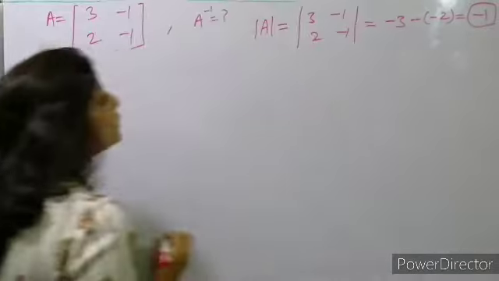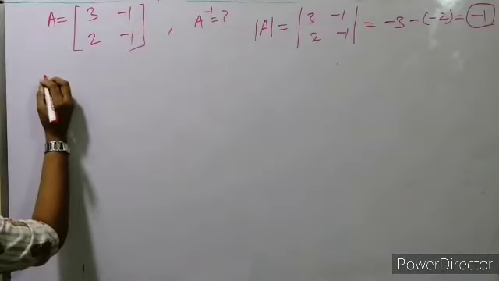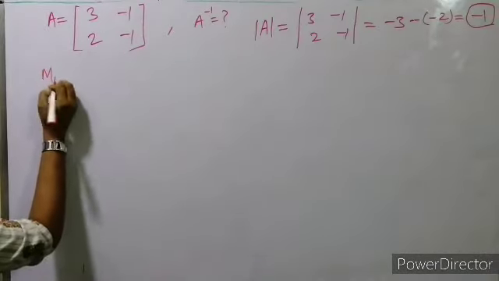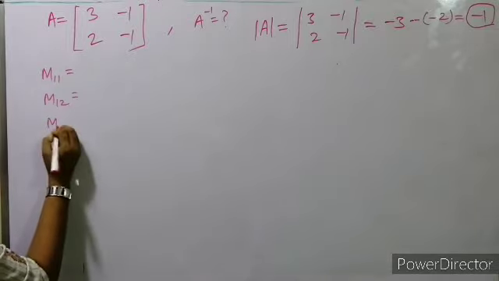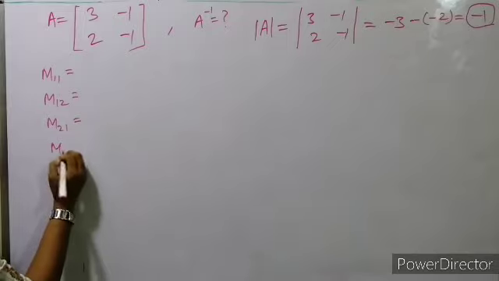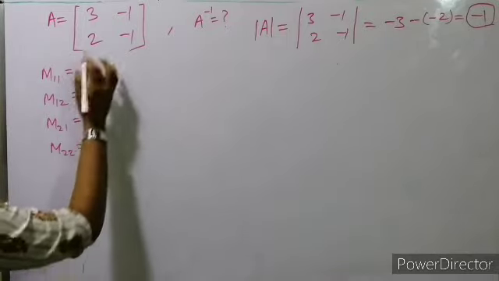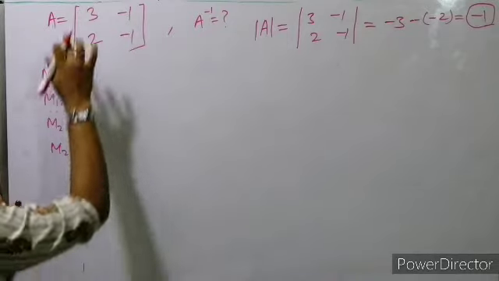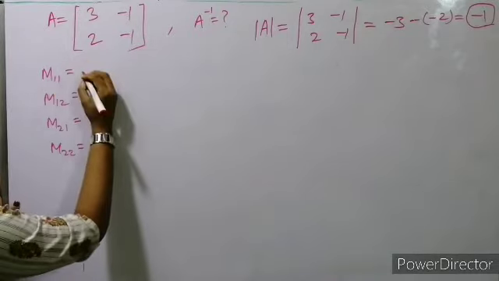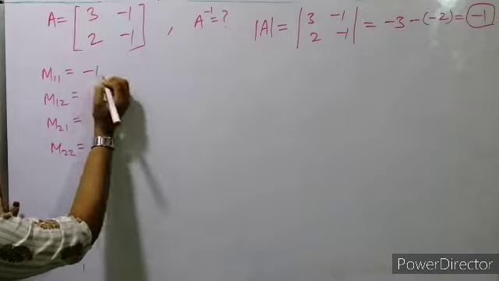Now what you have to do is find the minors M11, M12, M21, M22. M11: when we hide the first row and first column, what is left behind is minus 1.